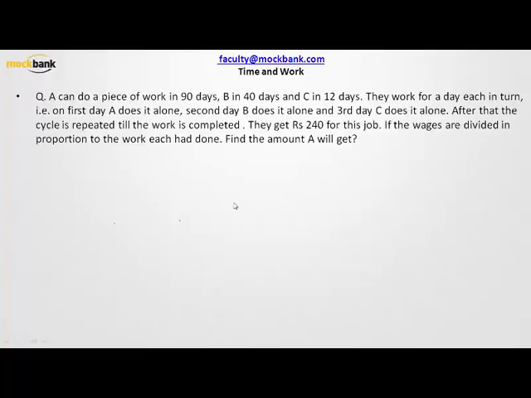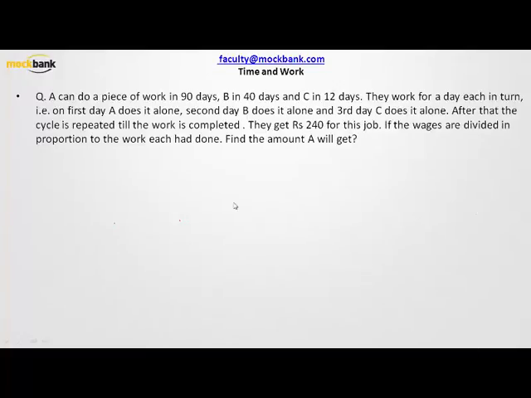Let us solve this problem in time and work series. In this problem, I have brought another component, that is the remuneration of people that are working. So the problem says that A can do a piece of work in 90 days, B in 40 days and C in 12 days.